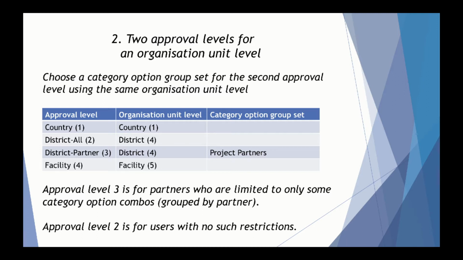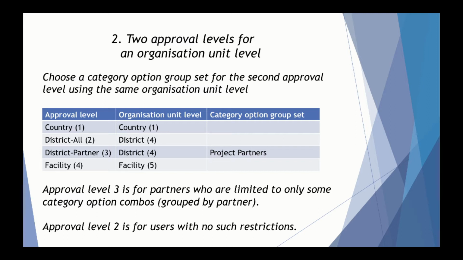Whereas the users also assigned to a district organization unit who have no restriction on category option combos, if they have the approval authority, they can approve at approval level 2. So we've taken the same org unit level, and we've said there are 2 different approval levels at that organization unit group. Any questions about that?